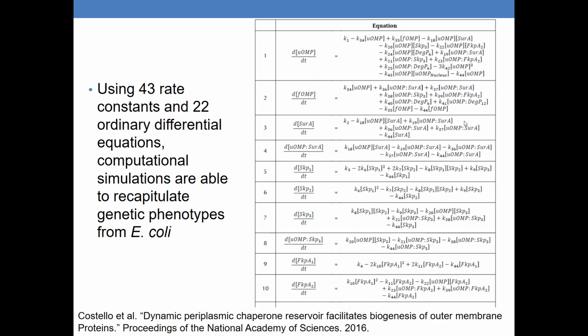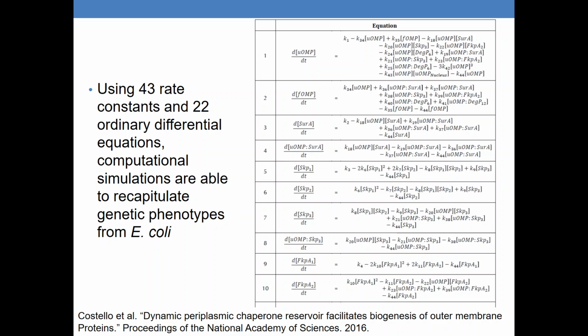They were able to take these 22 ordinary differential equations and treat them as a set of coupled differential equations such that they could perform computational simulations. This is really cool because you could actually control the concentration of each of your chaperones.